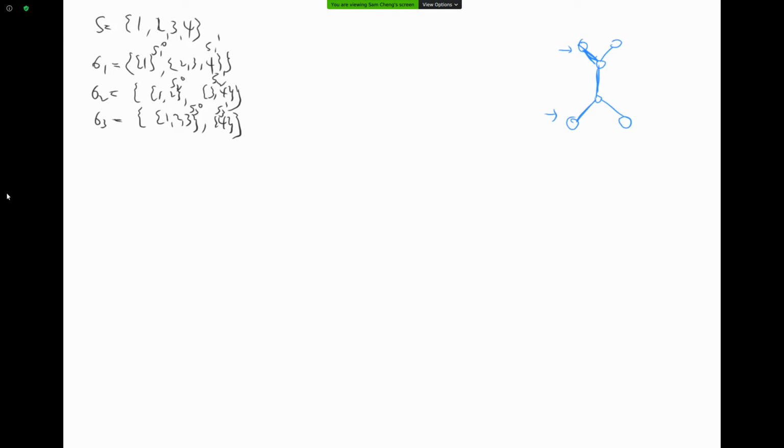Pictorially, I can describe it like this: 1, 2, 3, 4. For the first split, I pick the first subset, let's say S10 here, and then for the second split I pick this one, and for the third split I pick this one, let's say.